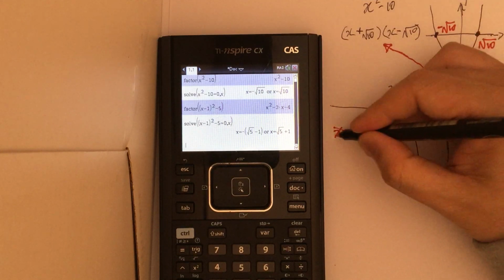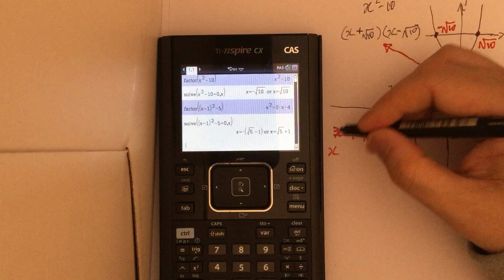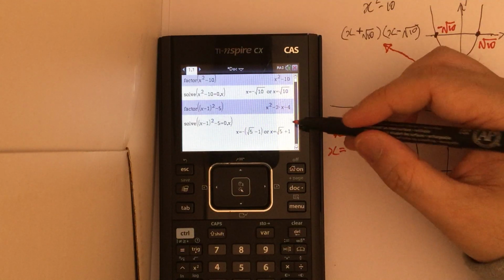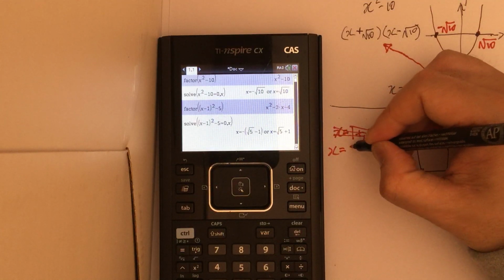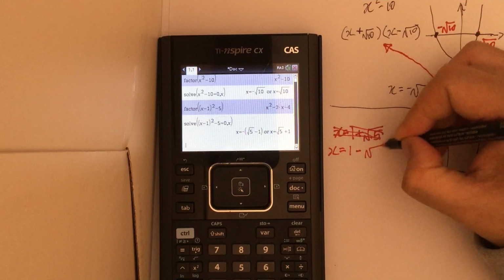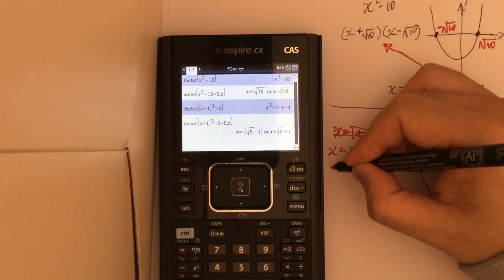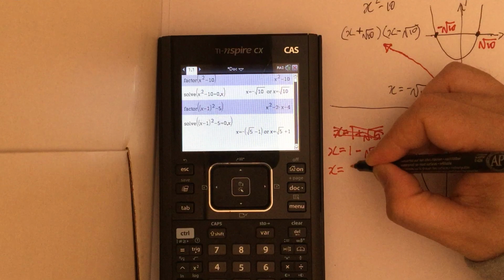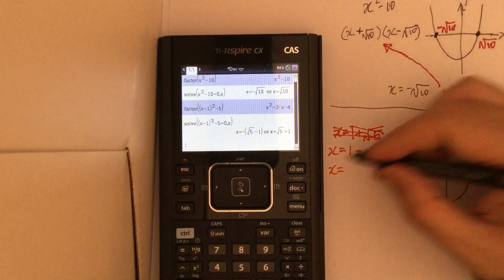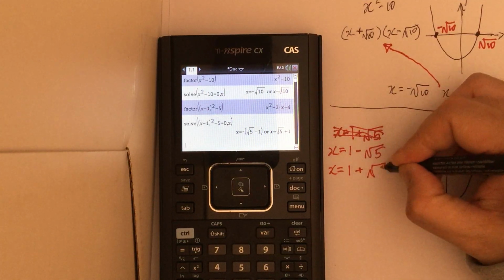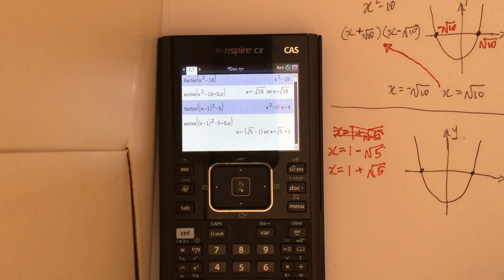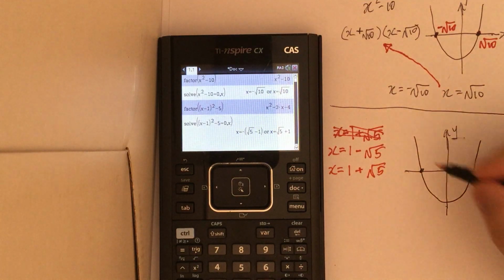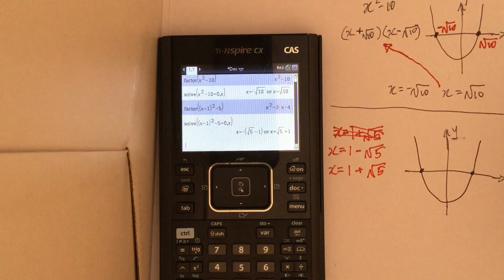Sorry, my mistake. Wrong. If we expand the bracket, you get positive 1 minus square root of 5. Yeah? And the other value is simply, if it's square root of 5 plus 1, you can rewrite it as 1 plus square root of 5. And so, well, that equals a number.